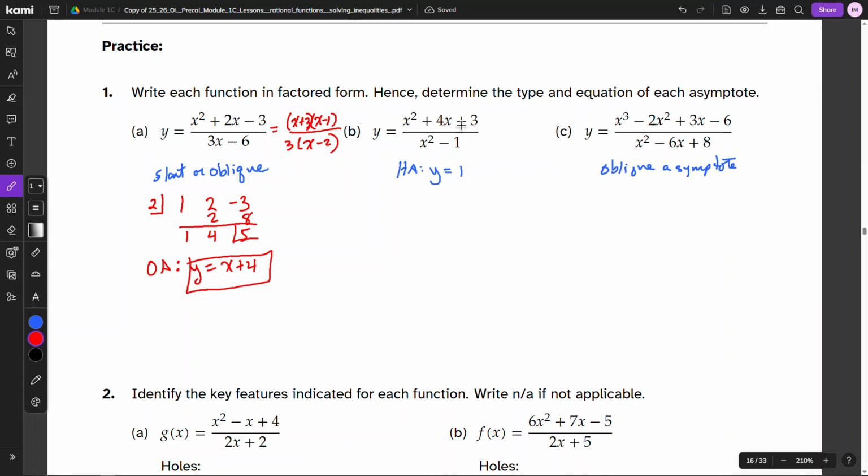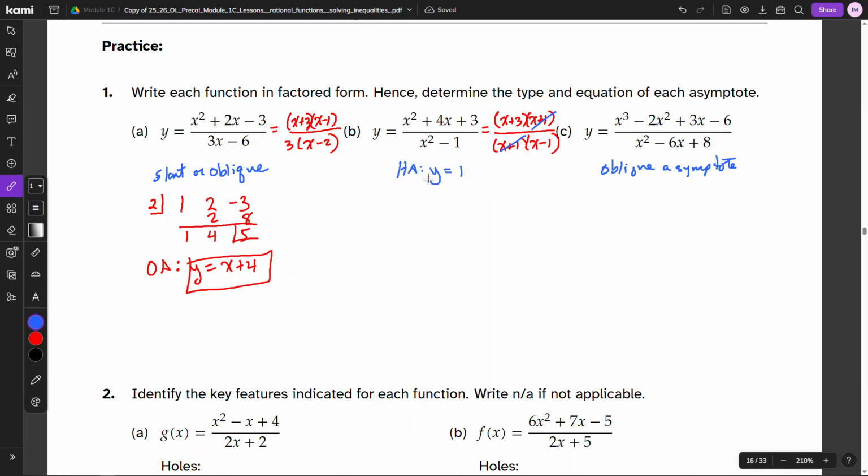Right, for this one, factored form, the numerator factors to be x plus 3, x plus 1. The denominator factors to be x plus 1, x minus 1. And so that's going to give me a simplified form of x plus 3 over x minus 1.